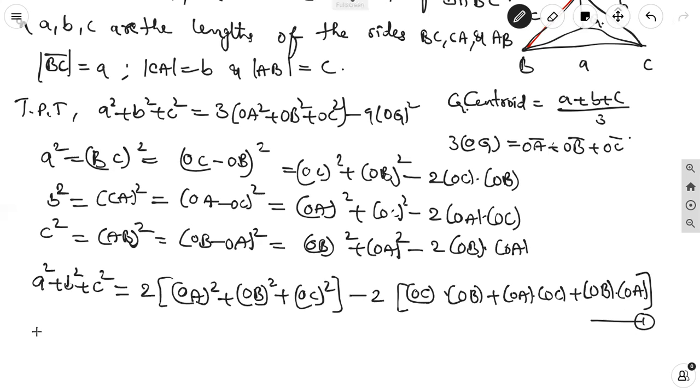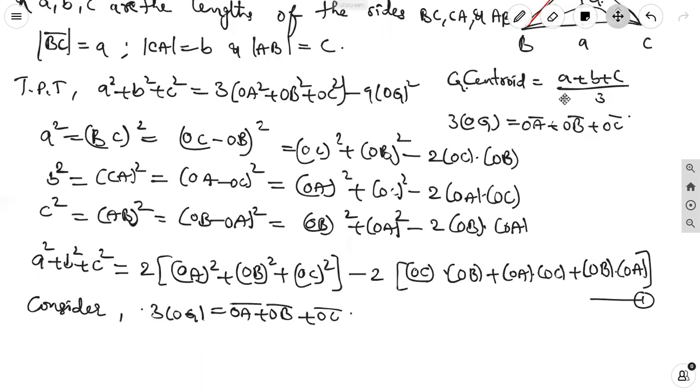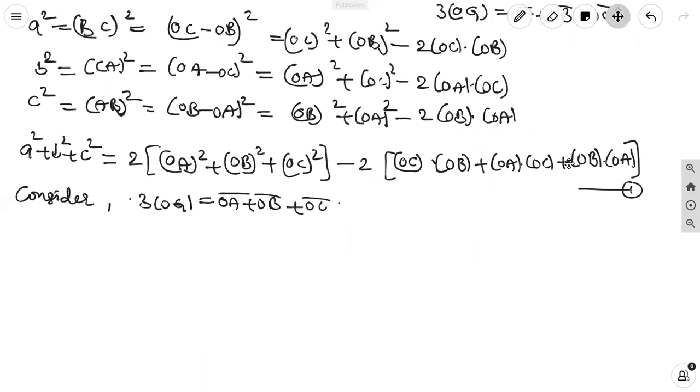Okay. Next we can consider the centroid. 3 into OG is equal to OA plus OB plus OC. Here we have the square terms, so we can take the relation of the centroid they have given. That centroid related equation can be squared on both sides. Let it be equation 2.